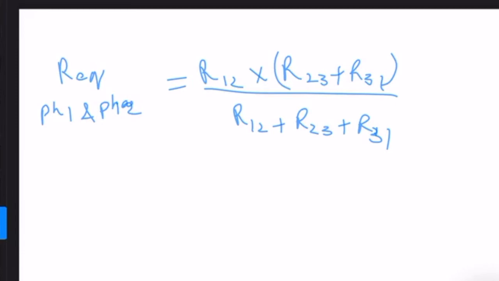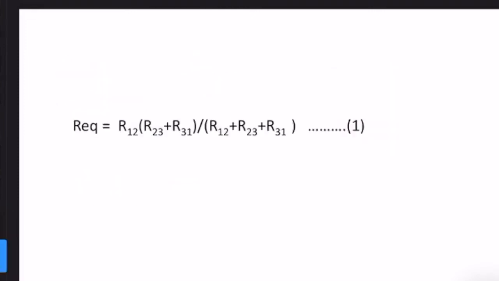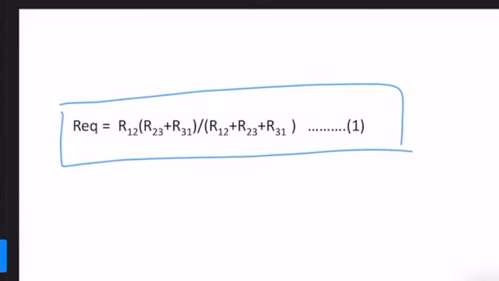This is your R equivalent between phase 1 and phase 2 for delta. This is the final equation which we are going to get, and I have named it equation number 1.